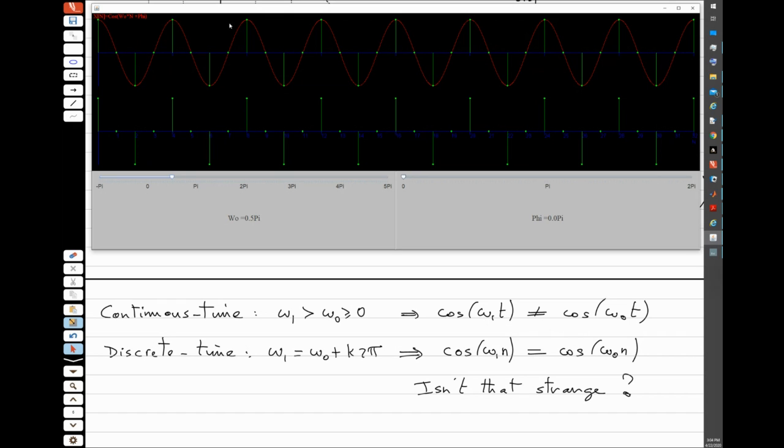Anyway, you see the sinusoid. Now, if you just see this discrete time sequence, you wouldn't know it's from a sinusoid or a triangular function. If you are told it's a sinusoid, then you know it's cosine of pi over 2 n.